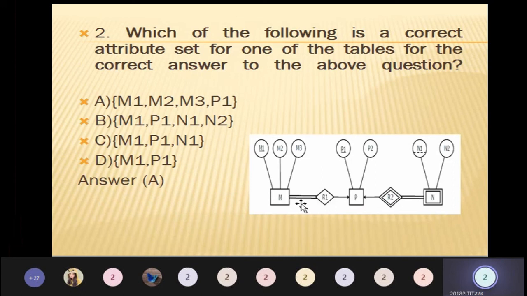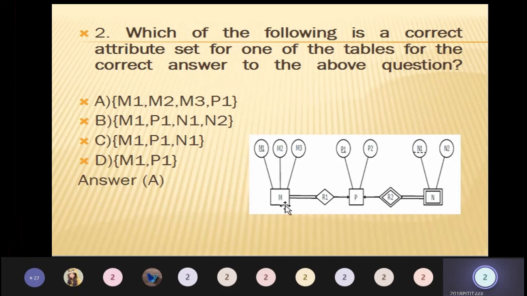Double lines represent total participation and single lines represent partial participation. When double lines are used, it means total participation, so each entity is involved in the relationship. So the answer is the first one, M1, M2, M3 and P1, because they are using total participation, indicated by the double lines in this figure.